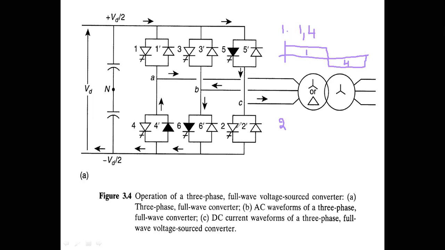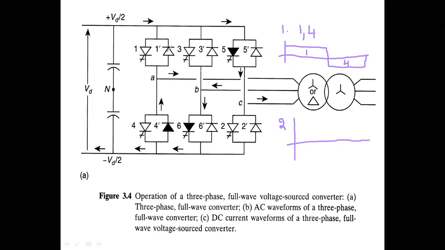Similarly 5 and 2 also. So the turn off devices on the same leg each conduct for 180 degrees. Please remember this. The second point is the phase angle difference between these two.